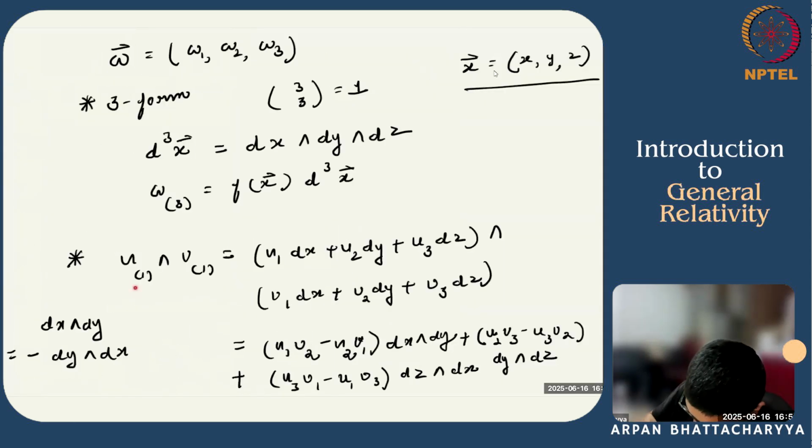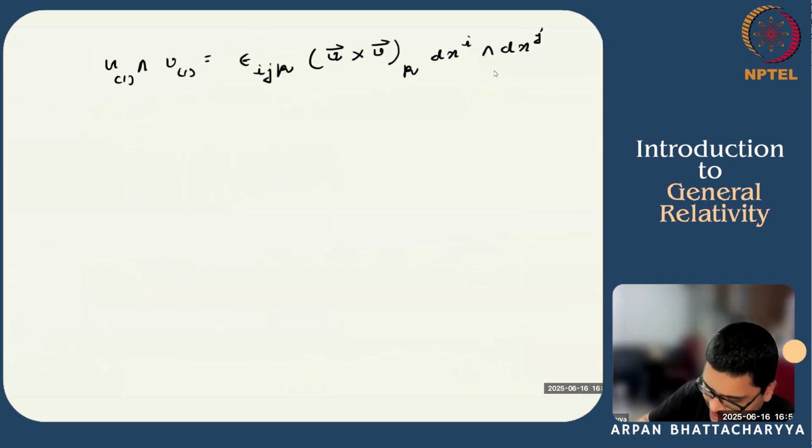Remember that if you write u as a 3-component vector with u1, u2, u3 as components and v as a 3-component vector, v1, v2, v3, you construct the cross product, and that will have these elements. Then you can rewrite it in this nice form. This is the 3-dimensional Levi-Civita symbol, which is totally antisymmetric in ijk.